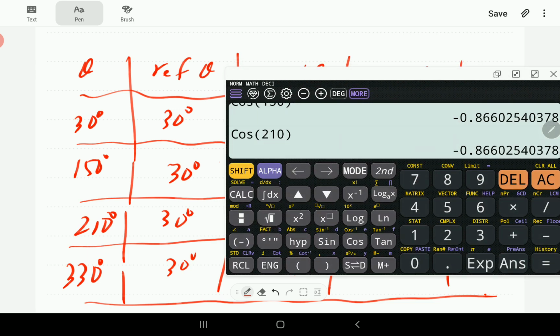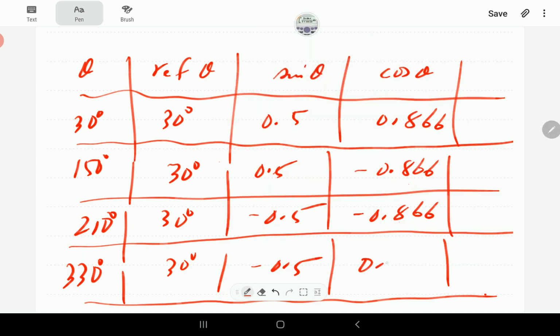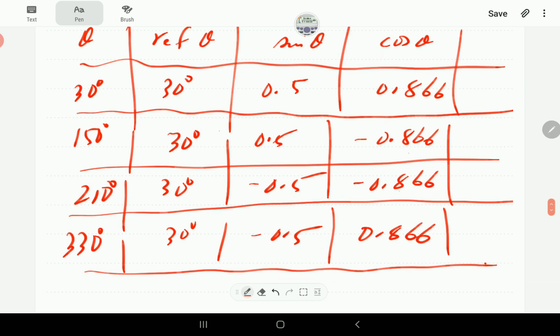And then cosine 330 is positive 0.866. So here is something that we need to notice.